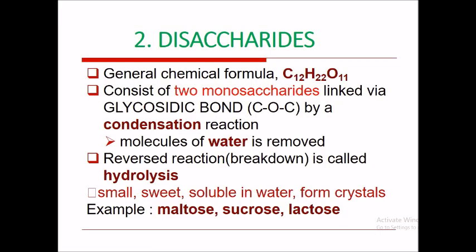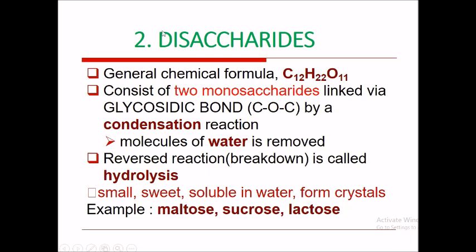And then next, the second class of carbohydrates is disaccharides. The chemical formula of disaccharide is C12H22O11. By its name, di means two, and saccharide refers to the monomers of monosaccharide.